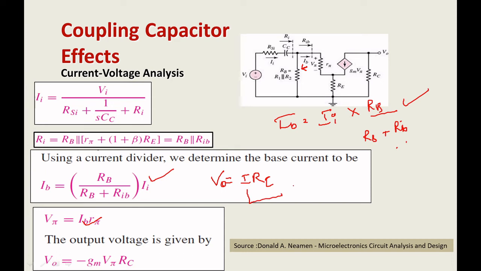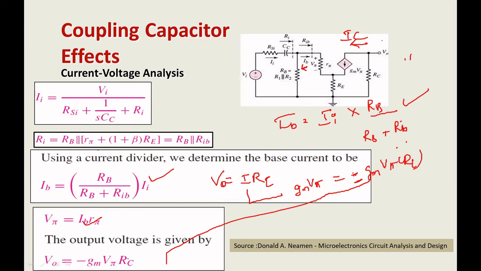The current will be GM times V pi, so I can write GM V pi RC. The output current IC and the load current are opposite, so I am taking a minus sign here: minus GM V pi into RC.